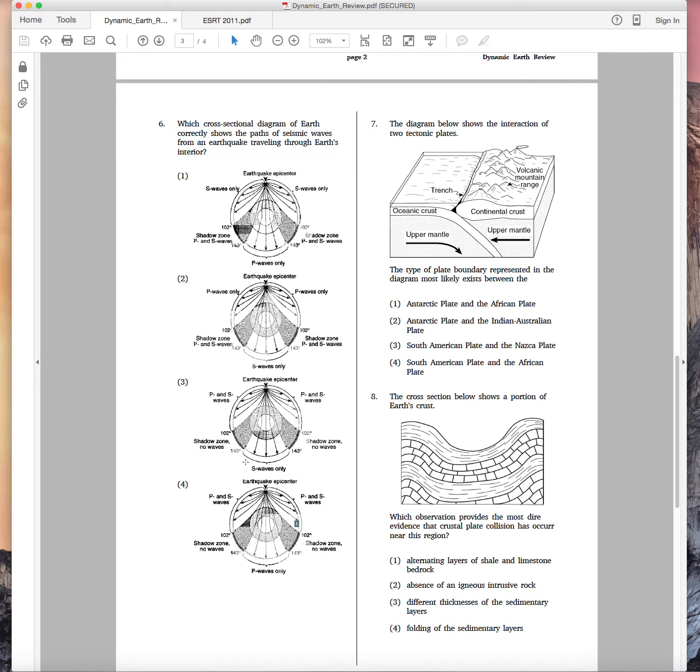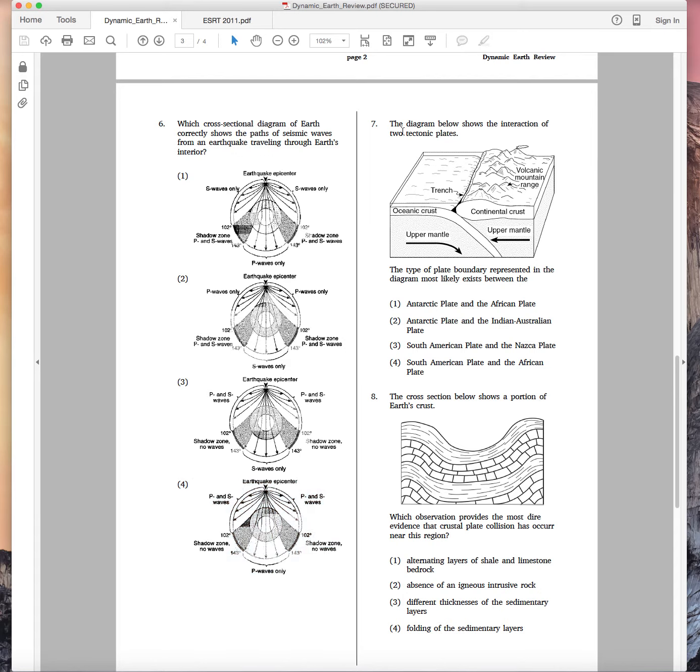Choice 3 shows S waves going through the outer core, and choice 4 shows P waves going through the outer core. Based on that, we can eliminate choice 3 because S waves cannot go through the liquid zone, which is the outer core. So for 6, the best answer is choice 4.